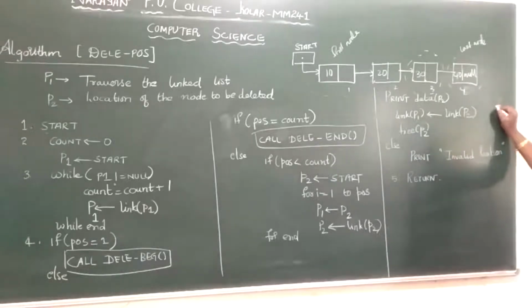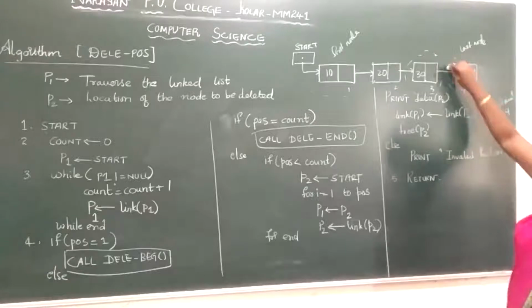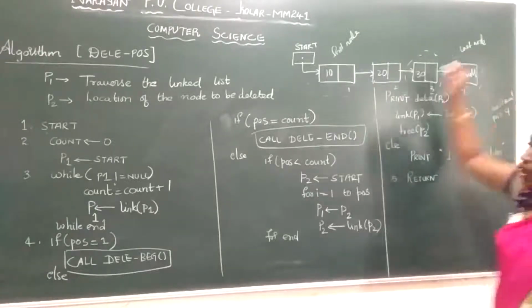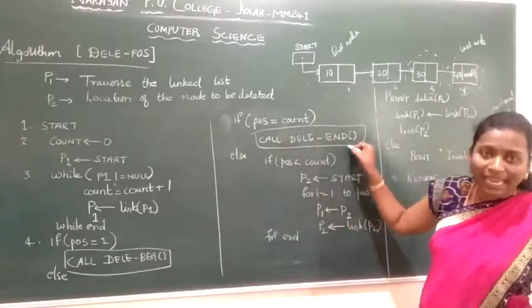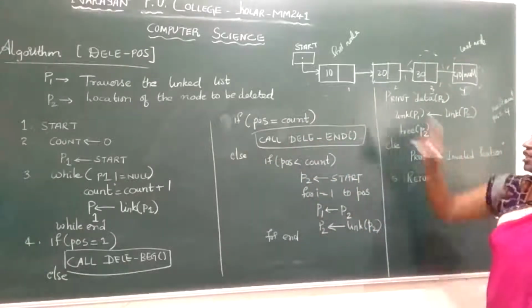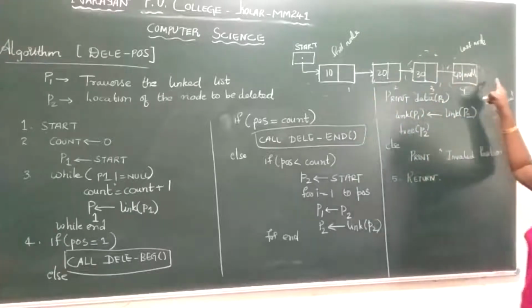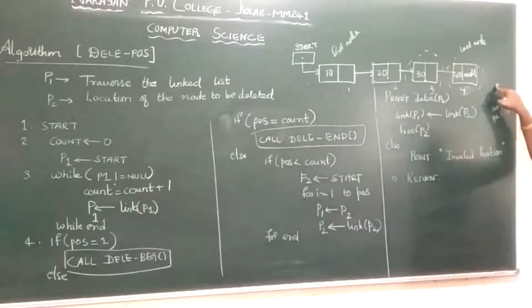When position is equal to count, the node is the last one, so I should call delete end. I repeat, if position is equal to 1, I delete the first node. If position is equal to count, which is 4, I delete the last node.